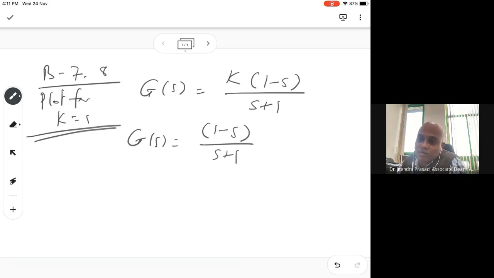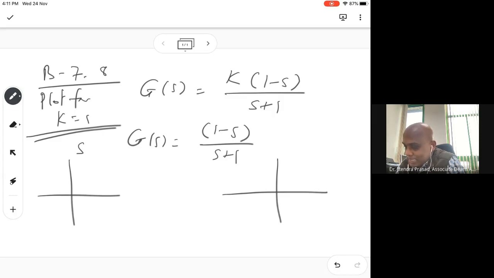And then what do you have to plot? The Nyquist diagram. How do you plot? You have an s plane, and you have here the G(s)H(s) plane, and we assume H(s) equal to 1.